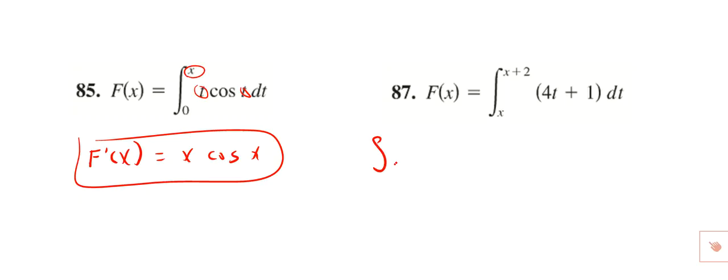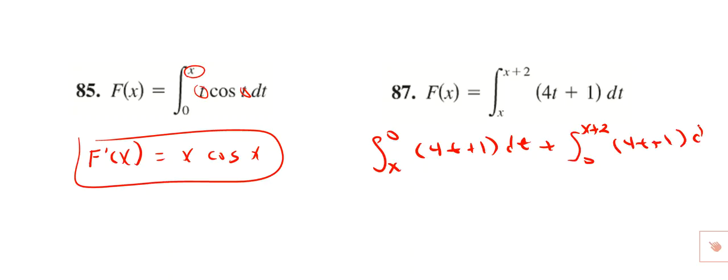So I'm going to rewrite this as going from x to 0 of 4t plus 1 dt plus, from 0 to x plus 2 of 4t plus 1 dt.